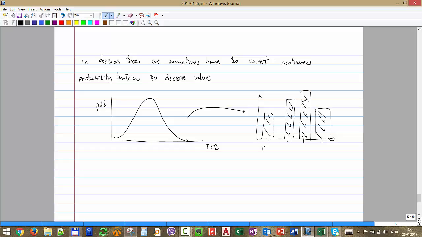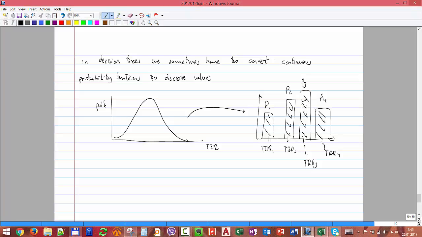So I have TRR1 with a probability 1, TRR2 with a probability 2, TRR3 with a probability 3, and TRR4 with a probability 4. Okay? So how do I do that? Do you have any idea?